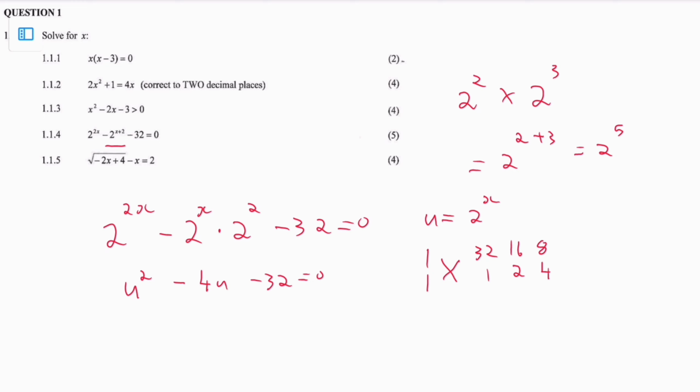On the left hand side, when we do our brackets, we're going to have a u and a u, and these values, when multiplied together, have to give us negative 32. So one has to be positive, one has to be negative. Also, the first u times this value plus the second u times that value has to sum to negative 4. So 32 and 1 probably not going to work, 16 and 2 probably not going to work, 8 and 4 probably will work, right?